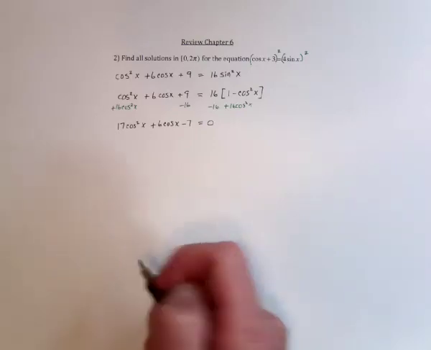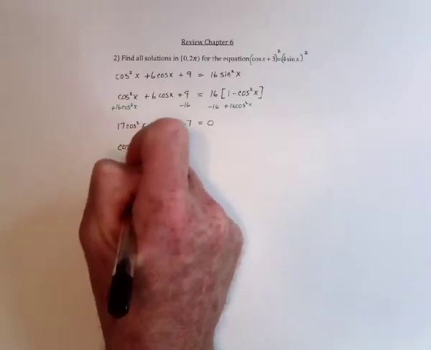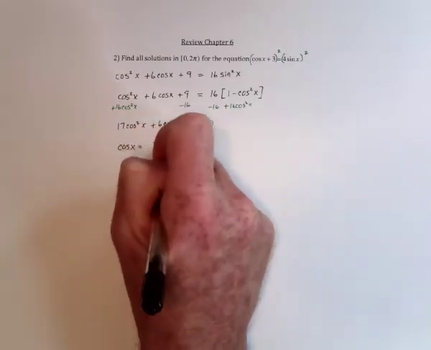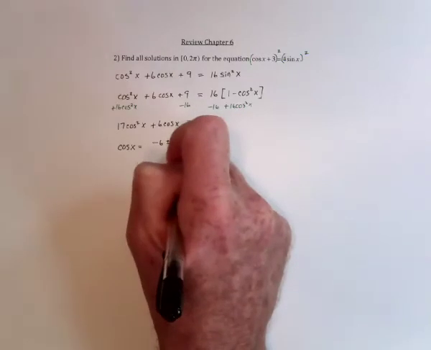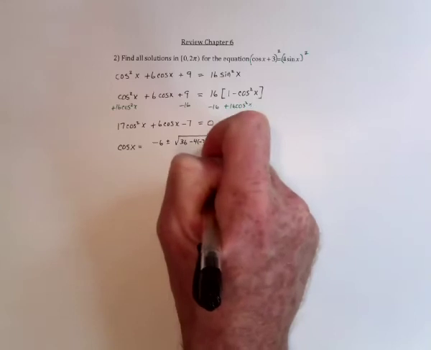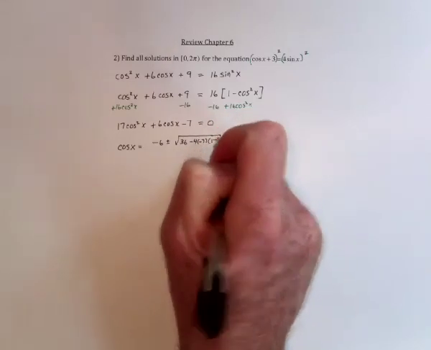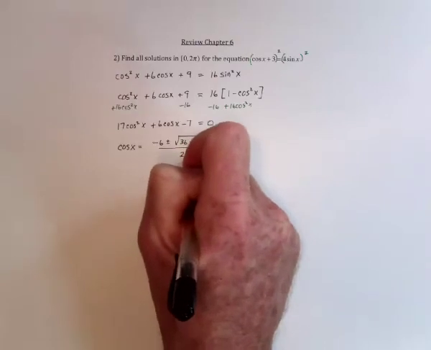I doubt that's going to factor, so use the quadratic formula. It's going to be that cosine of x equals negative b plus or minus the square root of b squared minus 4 times a times c, all divided by 2 times a.